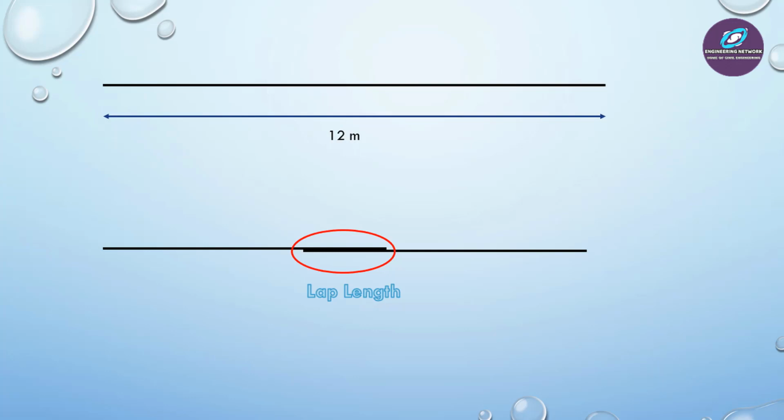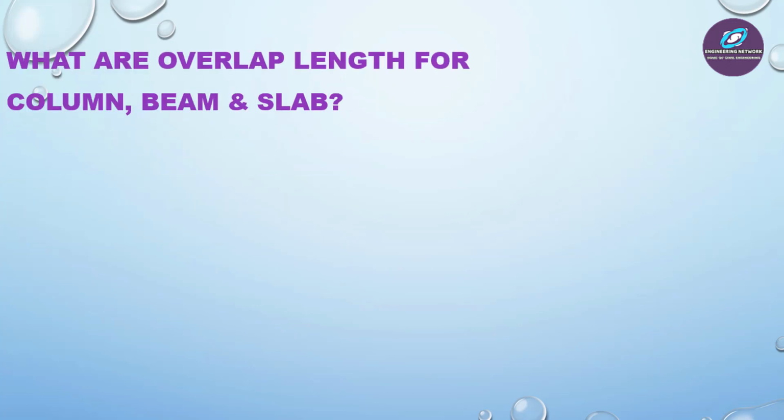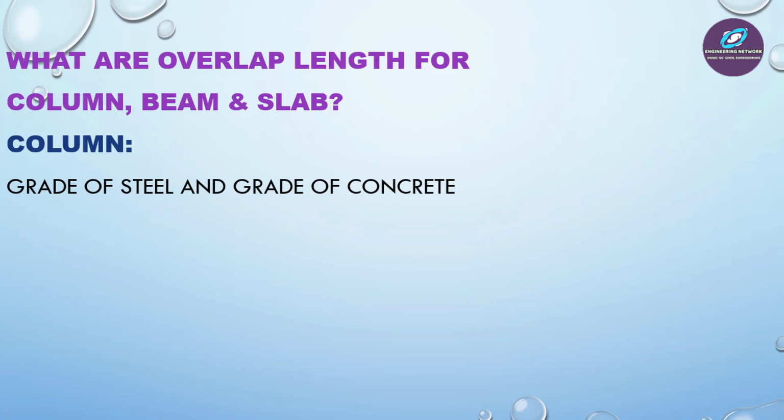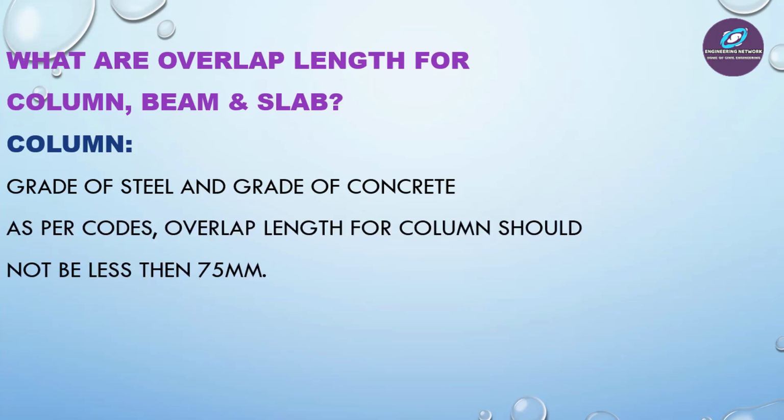Now let's talk about what the lap lengths are for column, beam and slab. Let's first start with column. One thing you should remember is that the lap length depends on grade of steel and grade of concrete. So based on structure and type of loads, a structural engineer tells us how much lap length should be provided. As per the codes, the overlap for column should not be less than 75 mm.